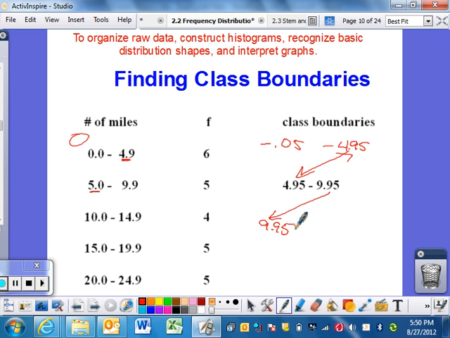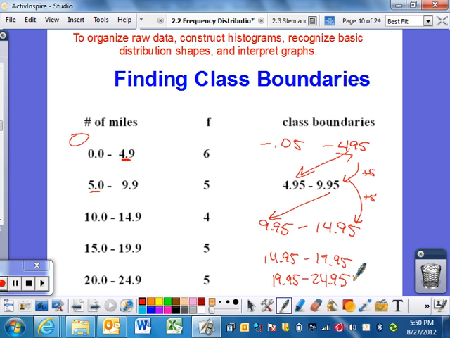And then the next one should be 14.95. And if you notice something, these are going up by 5s as well. Your class width comes back to show up in all of these. Okay? So then if you keep going, 14.95 to 19.95, and then 19.95 to 24.95. So all that comes full circle.